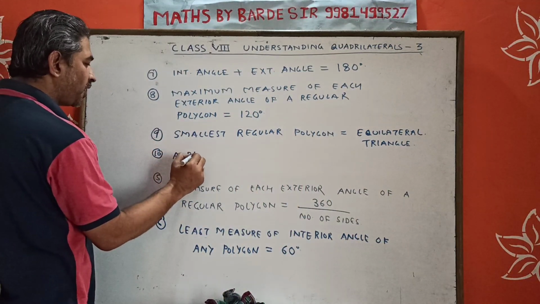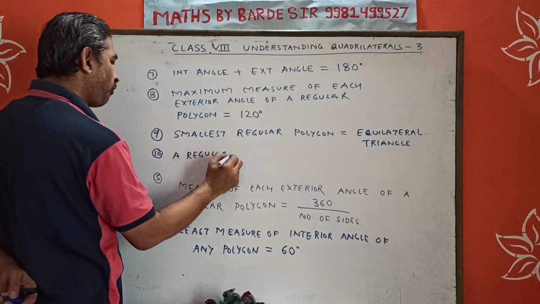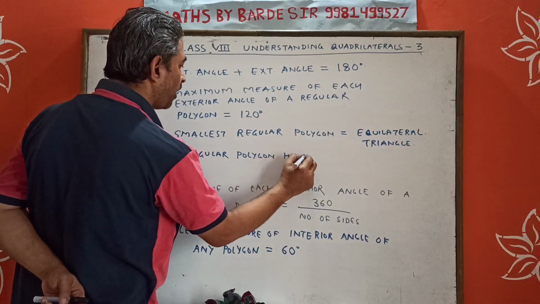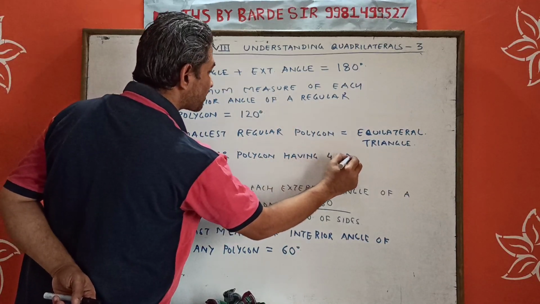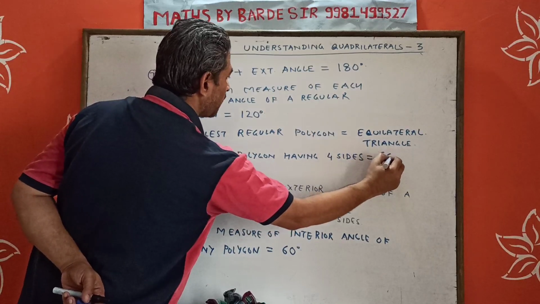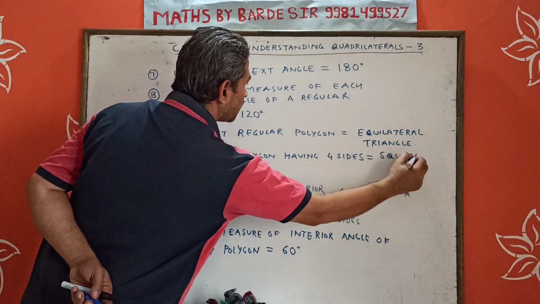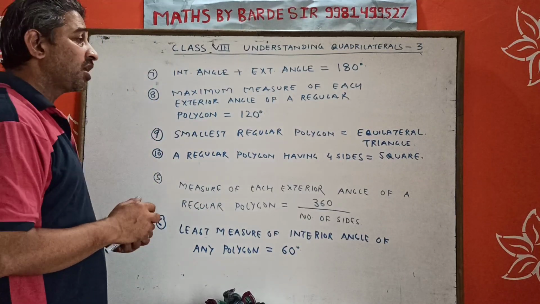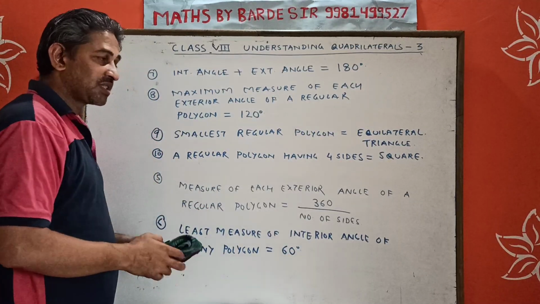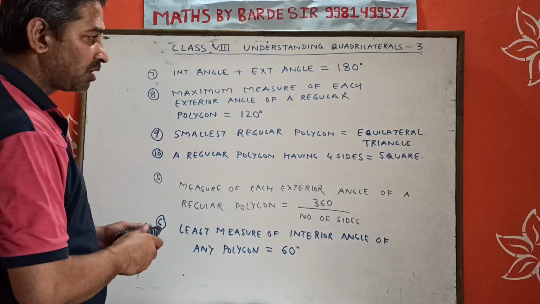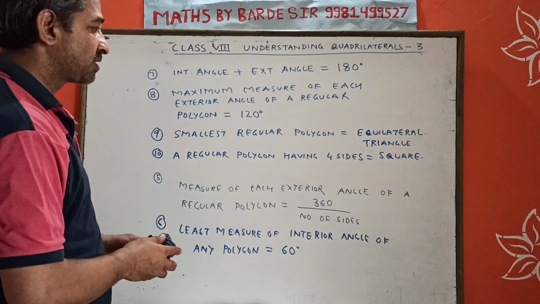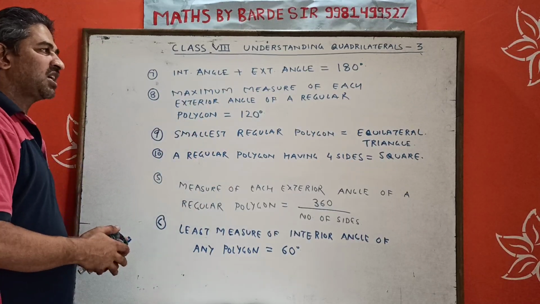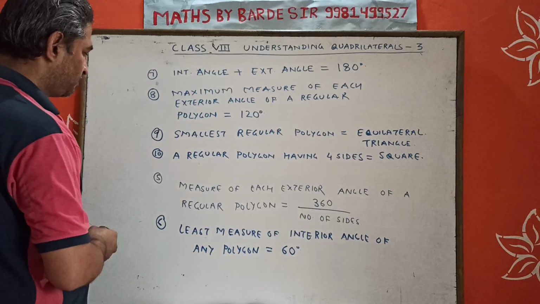A regular polygon having 4 sides is a square. Rhombus is not a regular polygon because its sides are equal but its angles are not equal. So this was just the review of the last 2 classes which we have learnt.